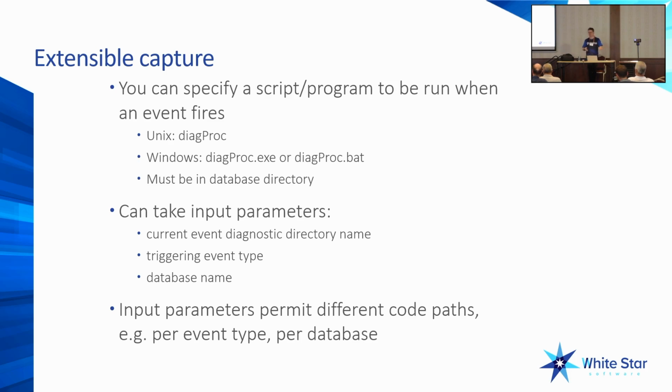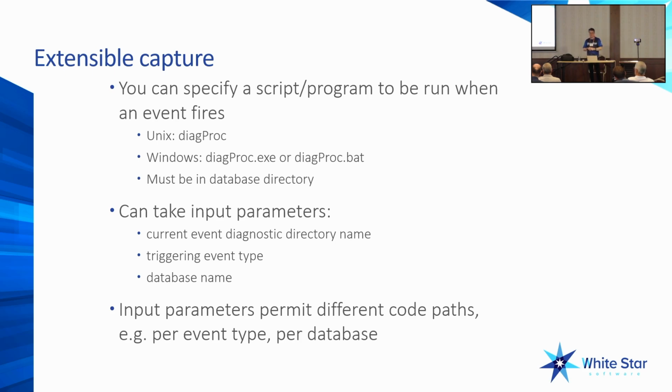If it doesn't exist, it'll look for the .bat and run that if it exists. This file is something you would create. It has to be in the database directory. And if it exists and if you specify an event level that causes the diagnostic procedure to be run, or diagnostic process, I guess it is, then it will run that.